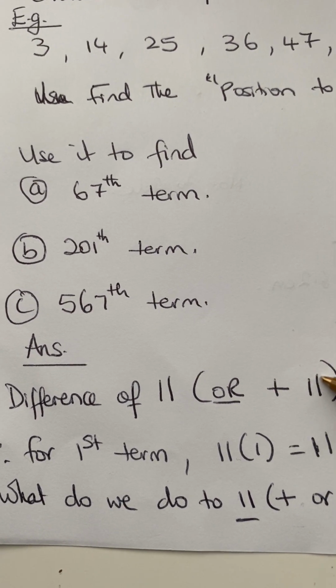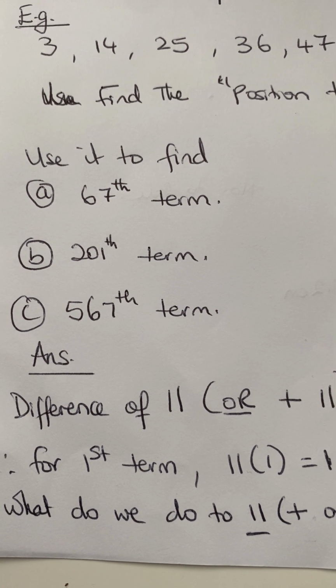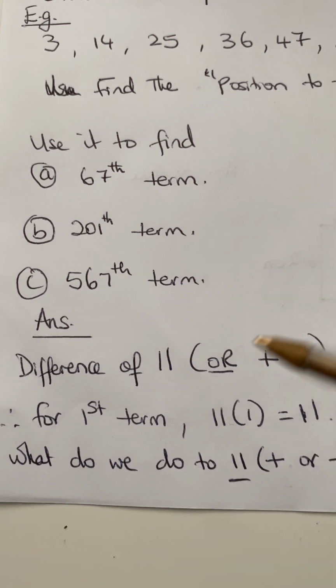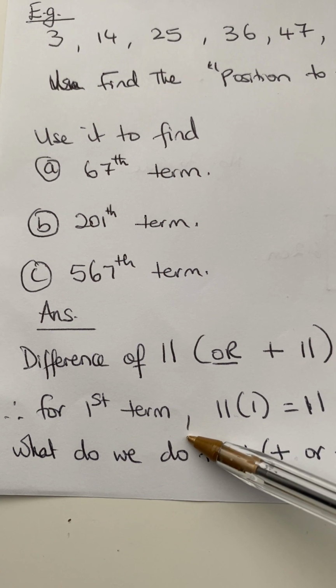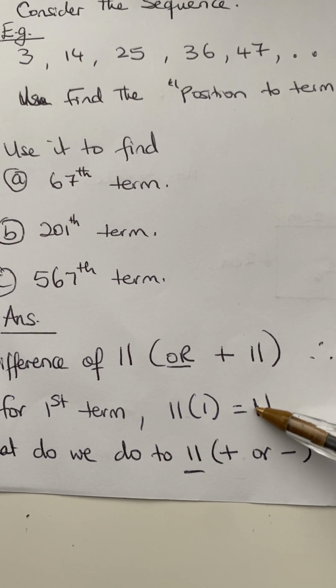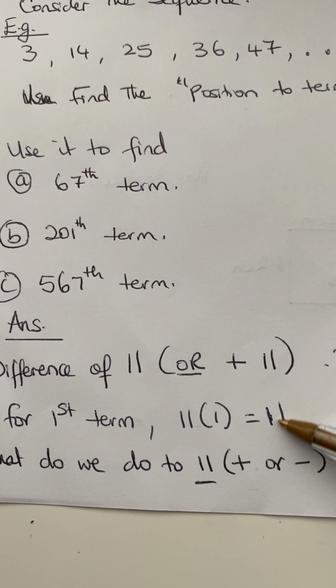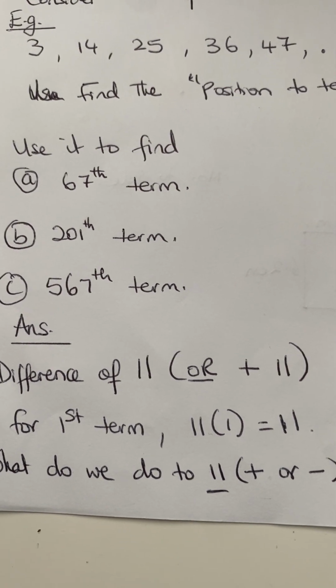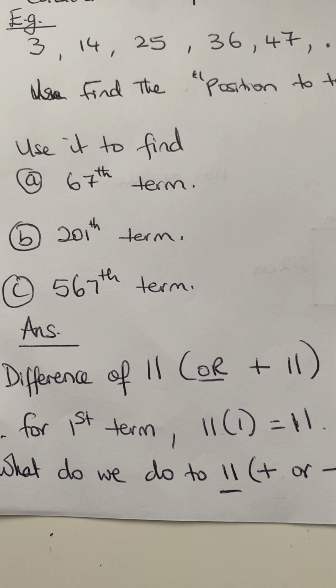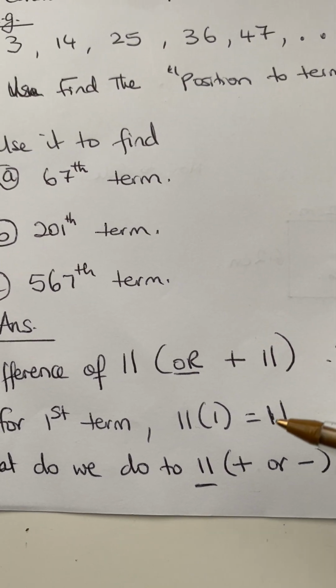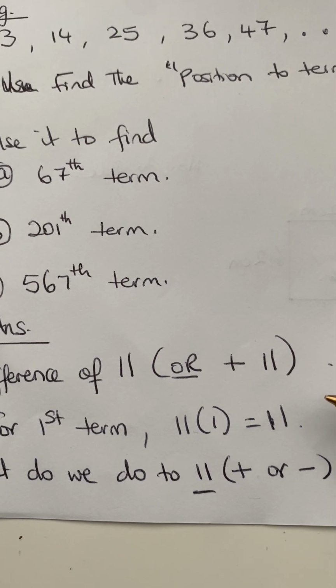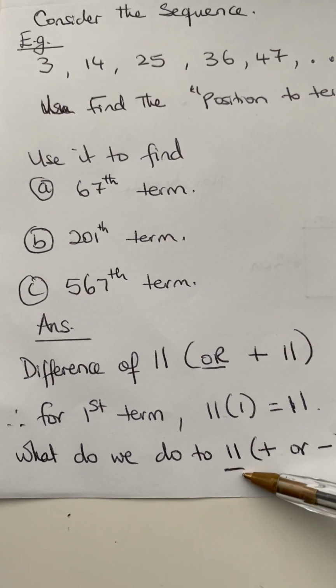If you add 11, you go to the next term. Okay, so for the first term, we have 11n, when n is equal to 1. Now if you multiply 11 by 1, you have 11.